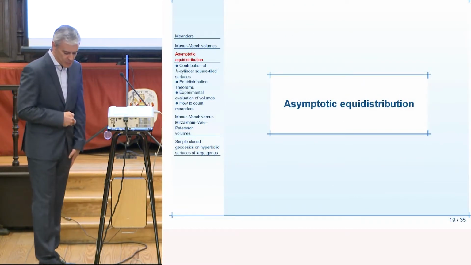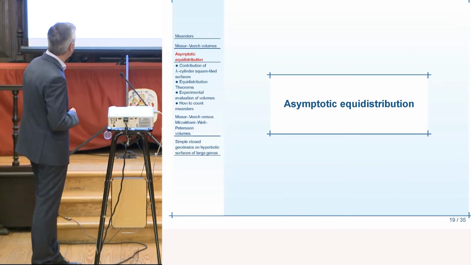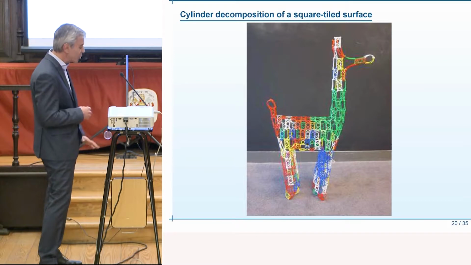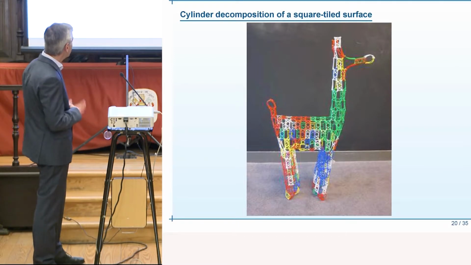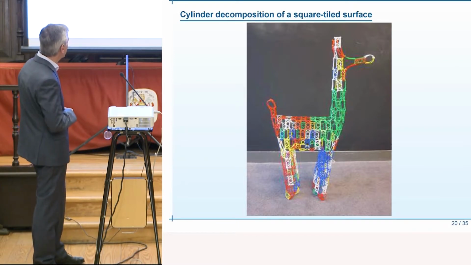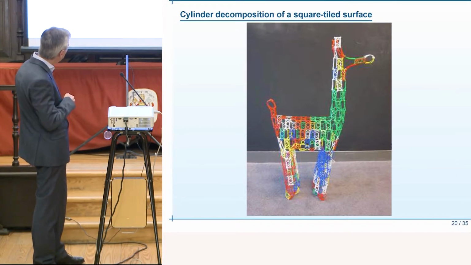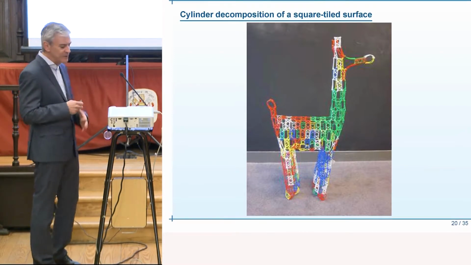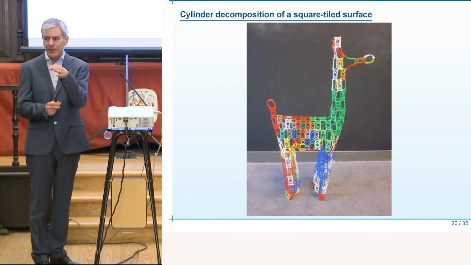And now I want to cite something which comes from dynamics. So this is once again an example of a square-tiled surface. And notice that horizontally any square-tiled surface has horizontal leaves which are all closed. So it is glued from several maximal cylinders.